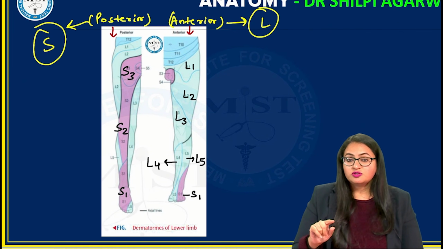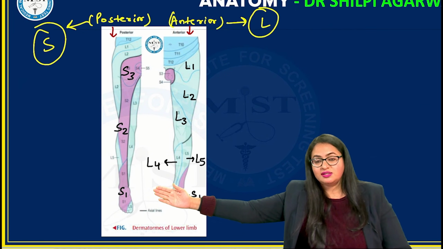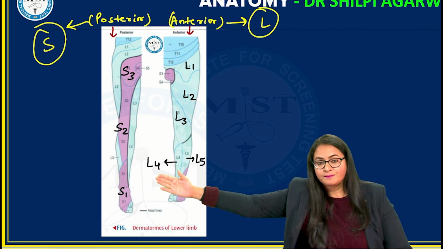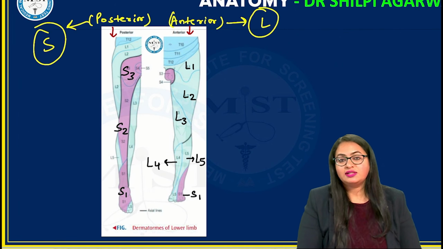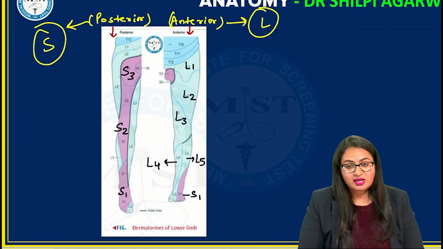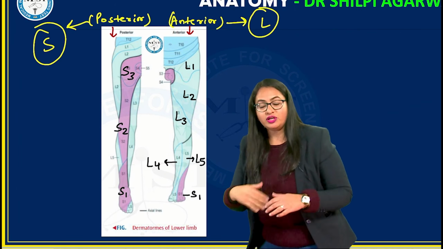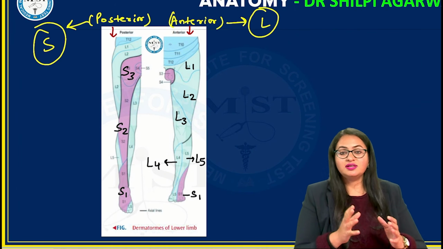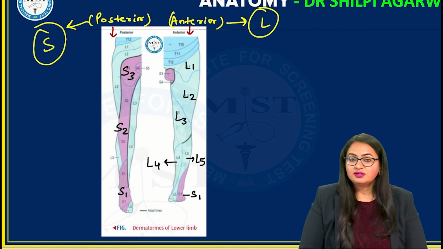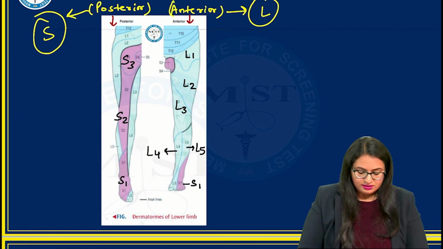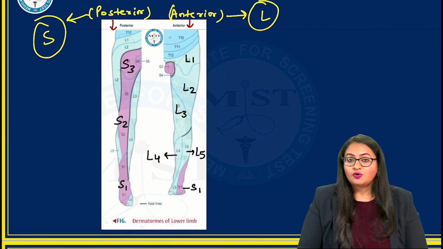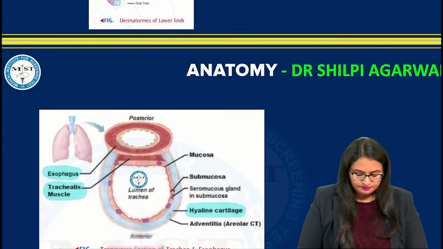On the posterior aspect, towards the heel area, S1 is there. Then the posterior aspect of the leg and thigh has S2, and S3, S4, S5 are towards the gluteal region. So these are the dermatomes of the lower limb.